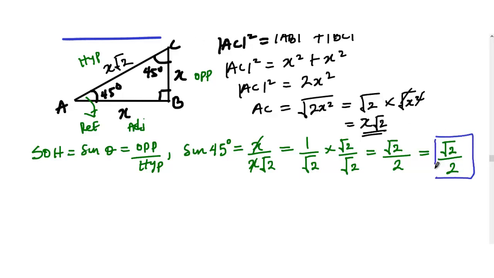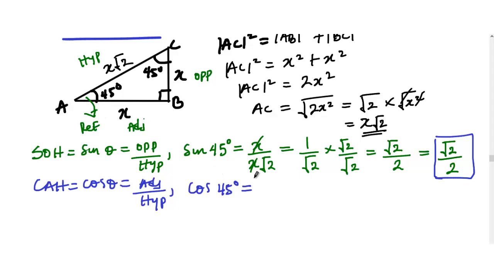All right, then let's move on to cos 45. So cos 45, that is CAH. CAH means cos theta, which is equal to adjacent over hypotenuse. So we can say that cos 45 degree will now be equal to the adjacent. This is the reference angle, don't forget. That is still x over the hypotenuse, that is x root 2.